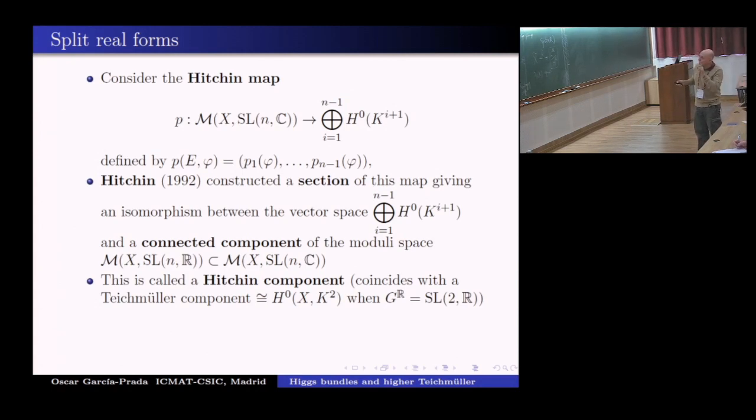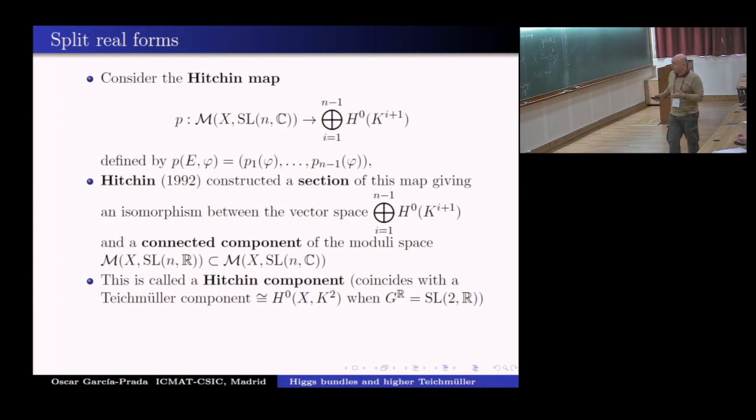But the fact that was important is that Hitchin constructed a section of this map by using a principal triple, and that section describes a full component of the moduli space of Higgs bundles for SL(n,R). So it's actually a component of the character variety for SL(n,R), right?